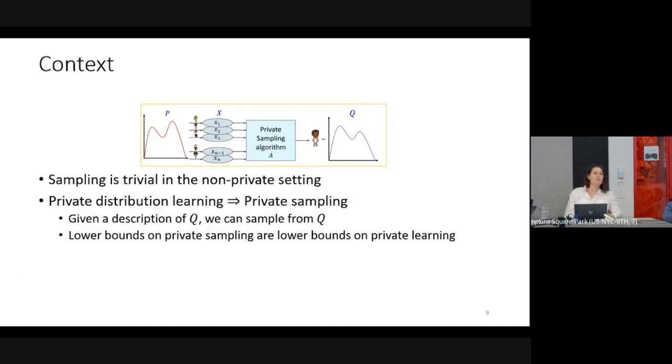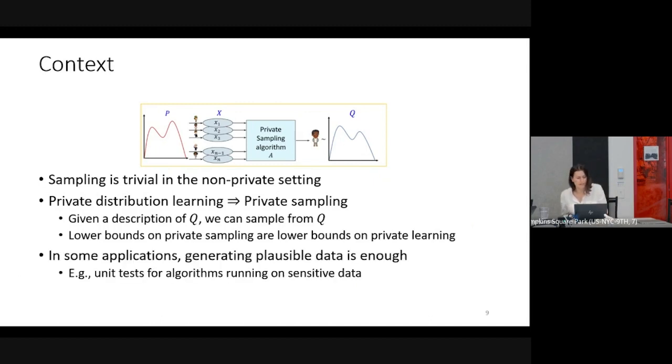Another thing to note is that privately learning a distribution implies that you can also privately sample from it. So if we're given a description of Q, we can also generate a sample from Q, or really any number of samples. And so lower bounds on private sampling are also lower bounds on private learning. And while this task is maybe not super realistic, there are some applications where generating some plausible data might be enough, and you might not want to have to learn the whole distribution.